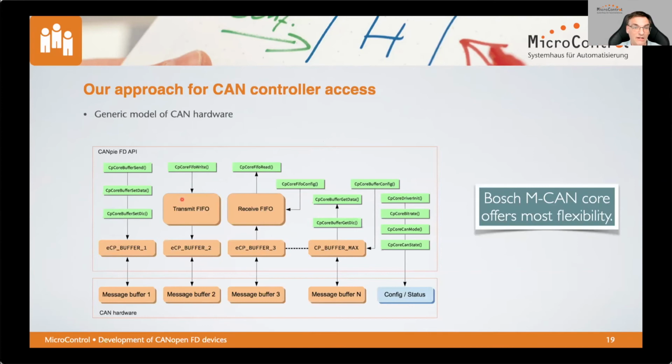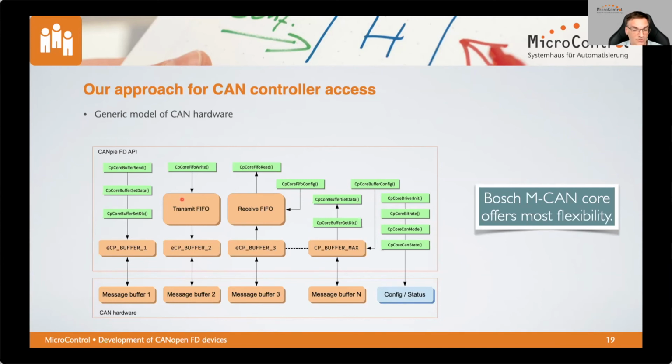Typically, our approach for CAN controller access is to use a kind of generic model of CAN hardware. We have our API for that in order to support access to mailboxes, so-called message buffers, using transmit FIFOs and receive FIFOs.